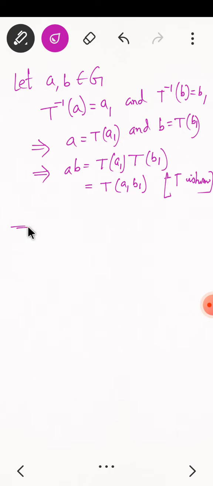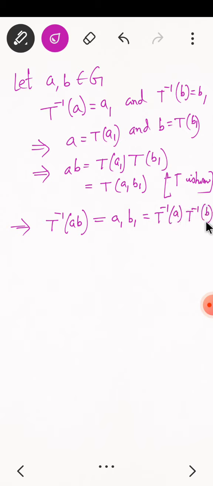So this implies that T inverse of ab is equal to a1b1, that is equal to T inverse of a times T inverse of b.